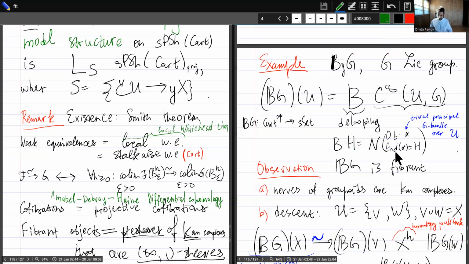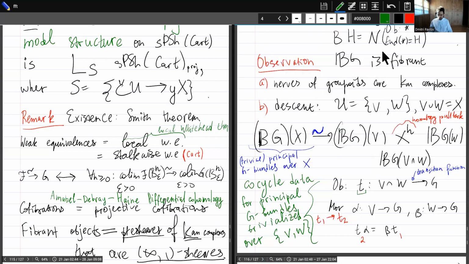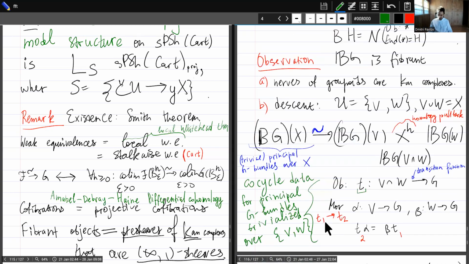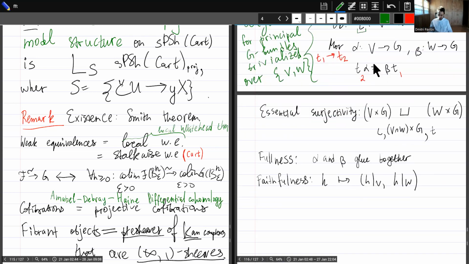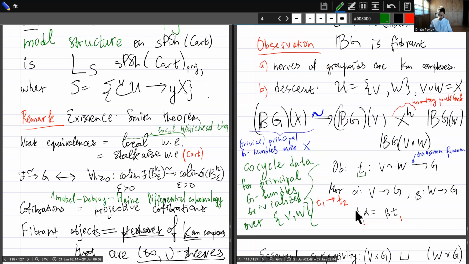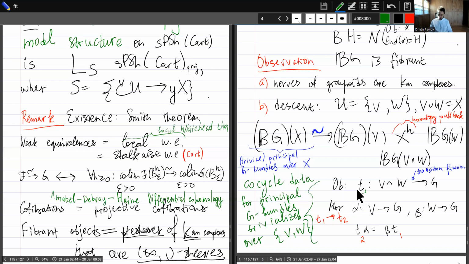Some examples were deloopings of Lie groups. We wrote down the descent object in detail, and we saw that the descent object gives rise to the transition functions for a principal G bundle.